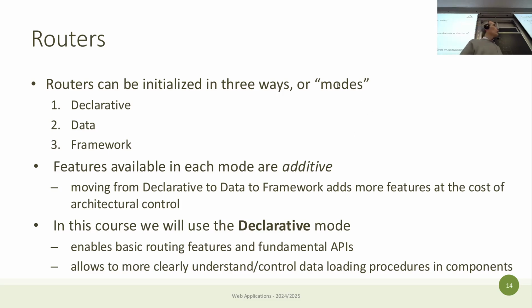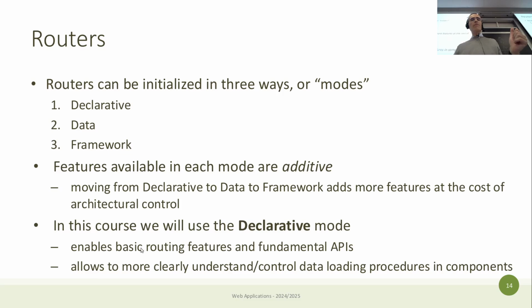So, this library is quite complex. It has 3 working modes, so it can work in 3 different ways: declarative, data, or framework. We will use the simplest one, declarative. I know it might be a bit disappointing maybe, but try to stick to this approach because it's easier to program.